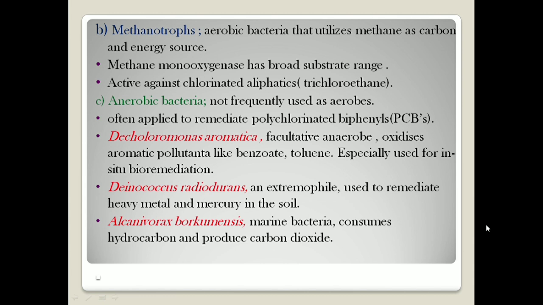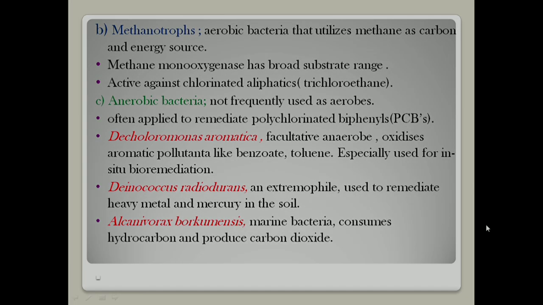Next, Deinococcus radiodurans. It is an extremophile which is resistant to radiation. It is used in bioremediation of heavy metals and mercury in soil. Alcanivorax borkumensis is a marine bacterium which consumes hydrocarbons and produces carbon dioxide.